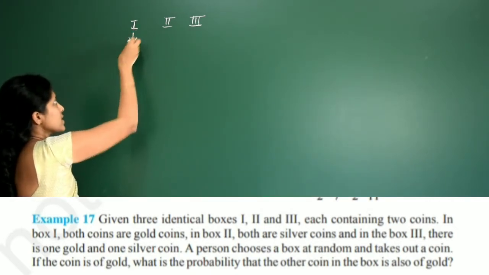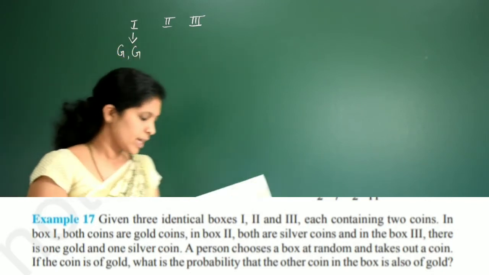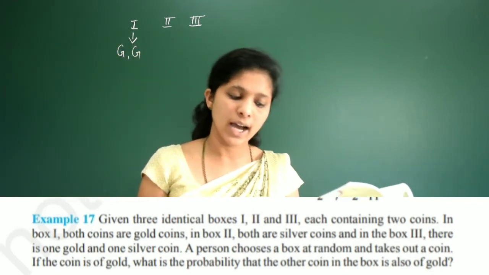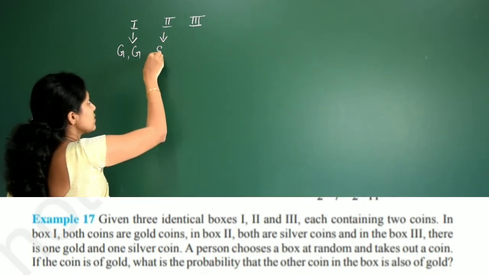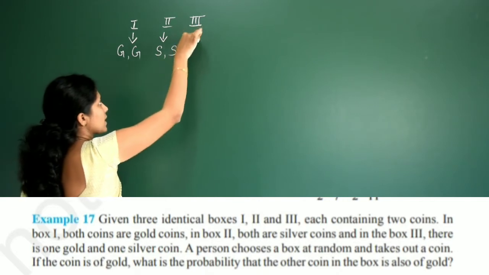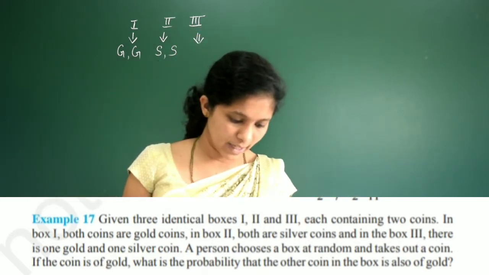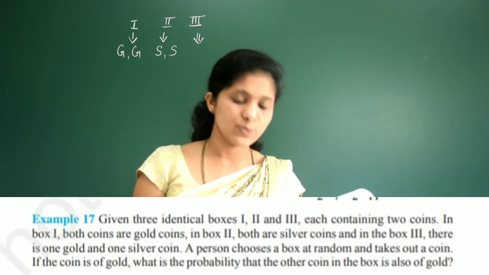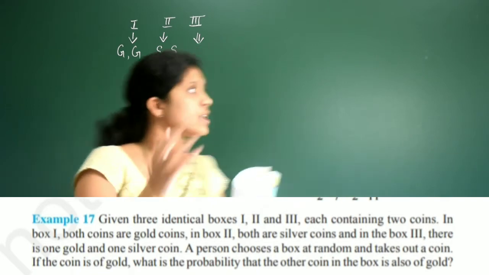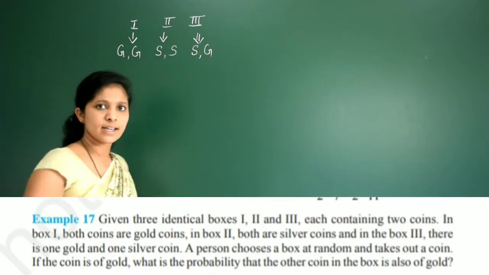In the second box, both are silver coins. In the third box, one is gold and one is silver. These things are given. Is it clear?